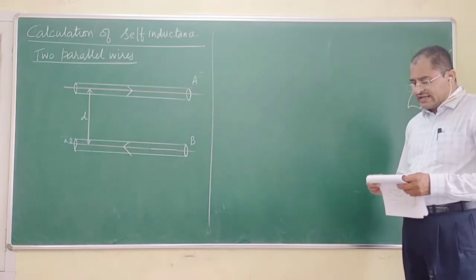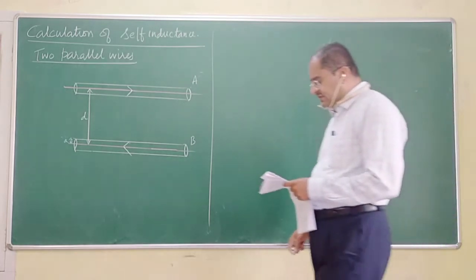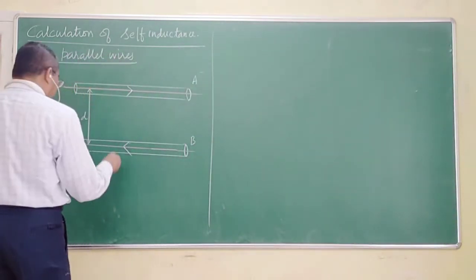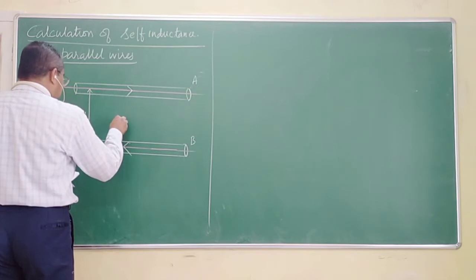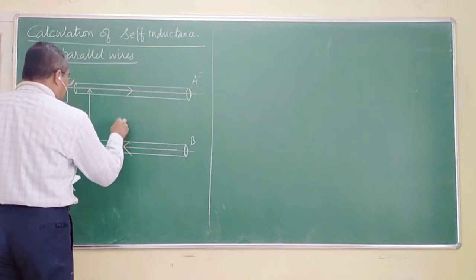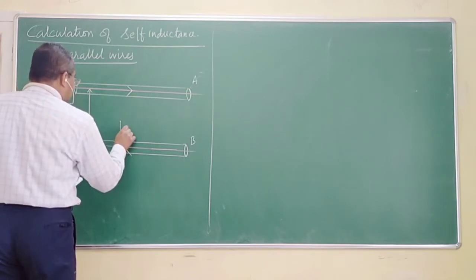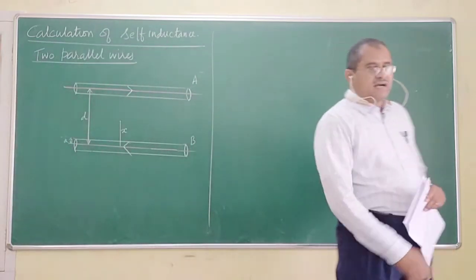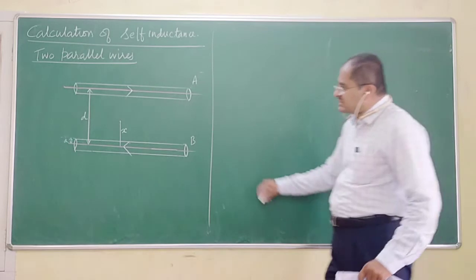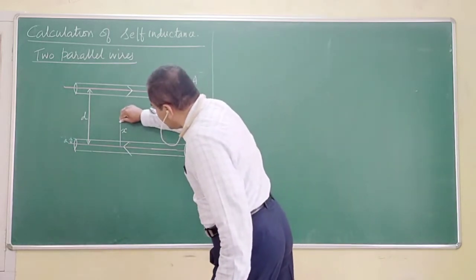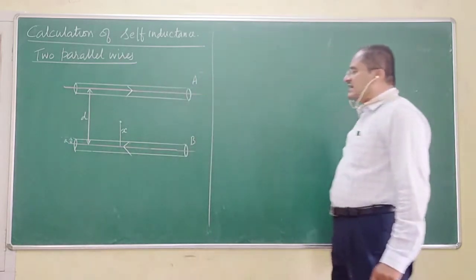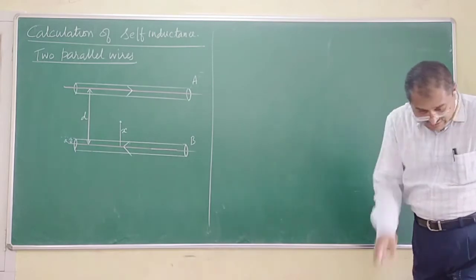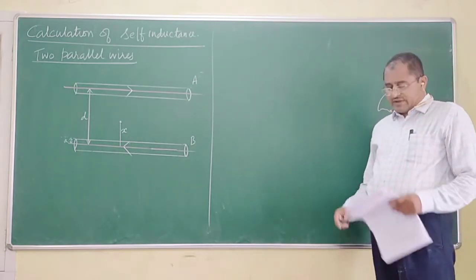A be the radius of this wire. Now, from this wire, let us consider some point here which is at a distance x from the wire B. You can see this point, and this point is at a distance x from the wire B.